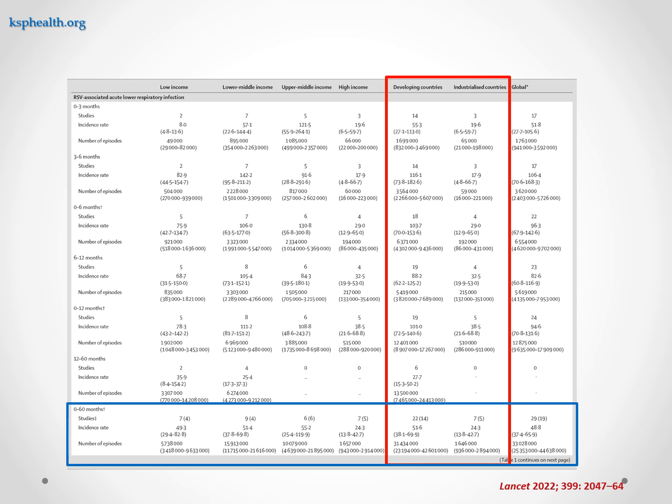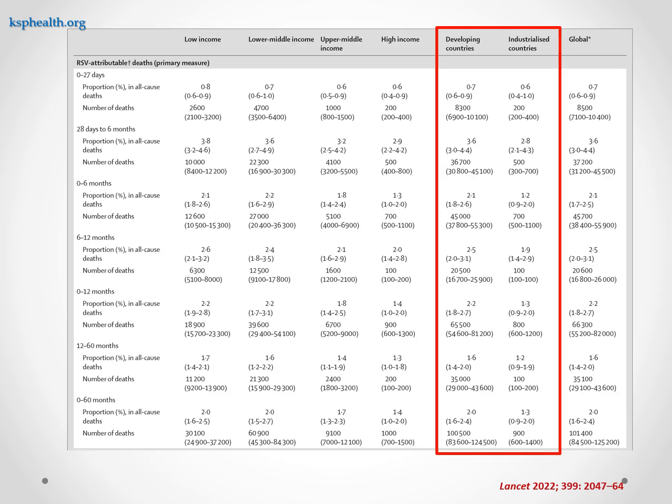As you can see, 31.5 million children are affected in developing countries versus close to 1.5 million in industrialized nations. It's almost 20 times higher in developing countries than industrialized countries.